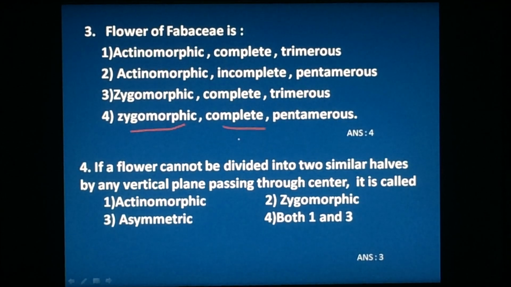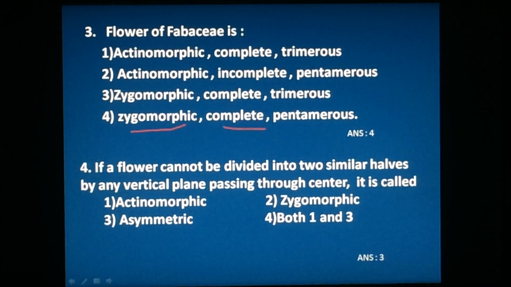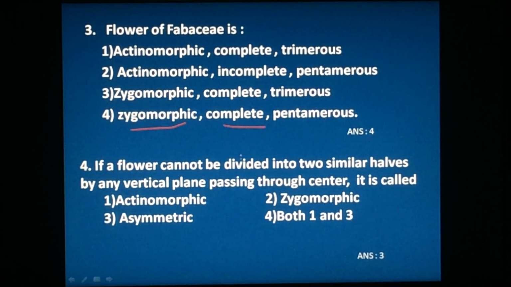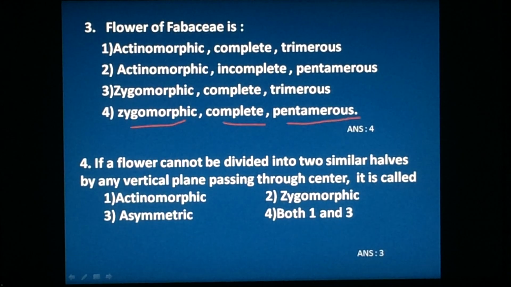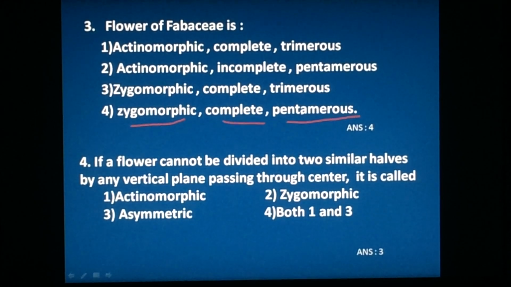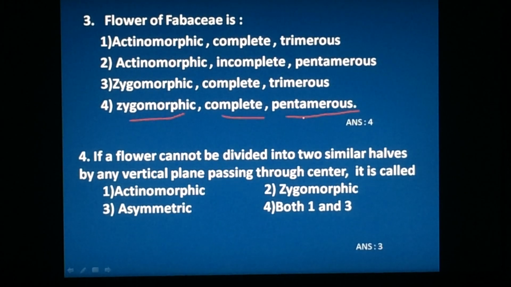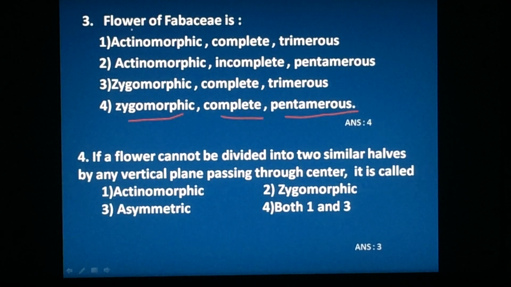Yesterday in a previous video I said that complete means all floral whorls should be present, and these are having pentamerous. Only in Liliaceae trimerous will be there. In Fabaceae pentamerous will be there. Even in Solanaceae we can see pentamerous, but zygomorphic will be only in Fabaceae.